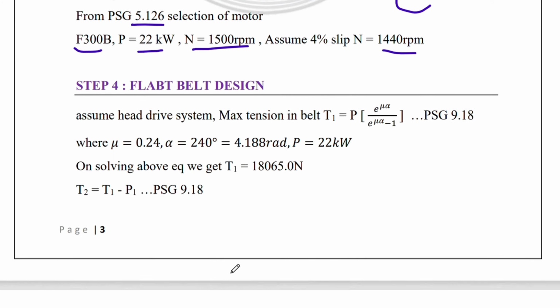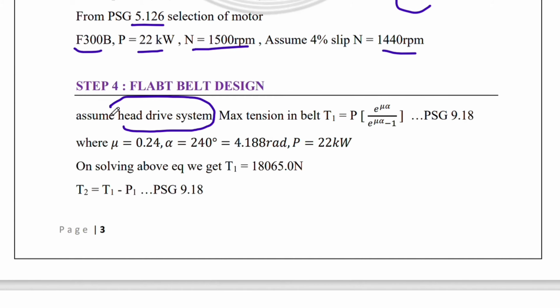Next, moving to step number 4. Step number 4 is the flat belt design. In flat belt design there is head drive, tail drive, or both drive. We always assume a head drive system in flat belt design.